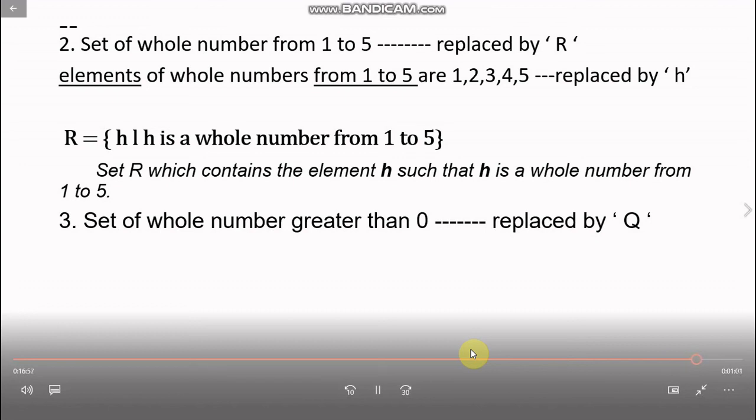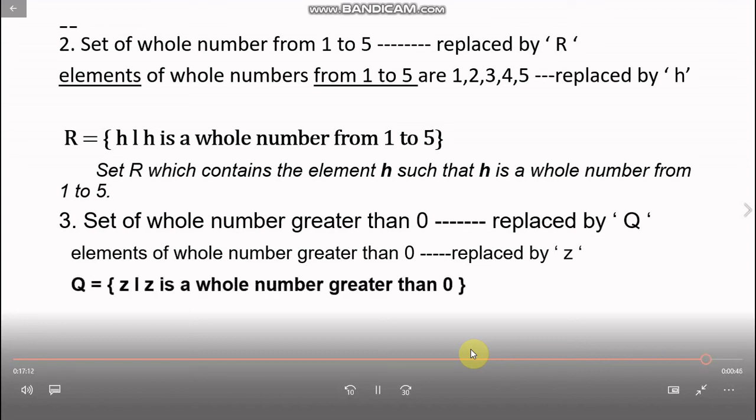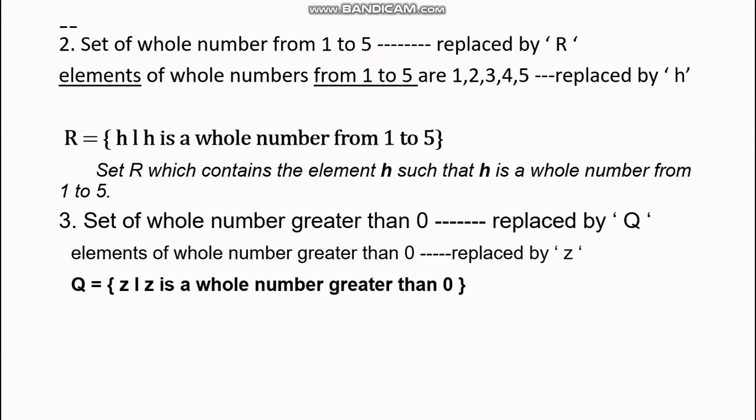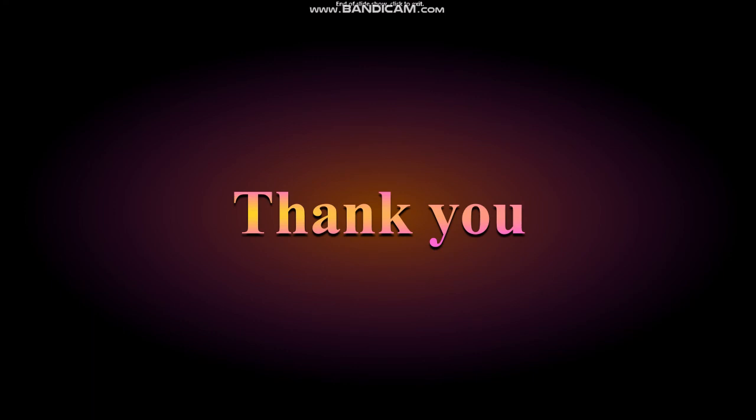No. It started with 1, and these elements will be replaced with letter Z. To write in set builder form, again, use a capital letter to name the set, then observe the brace, then use Z as the replacement letter for the elements, such that Z is a whole number greater than 0. This is read as set Q, which contains the element Z such that Z is a whole number greater than 0. Thank you very much for watching.